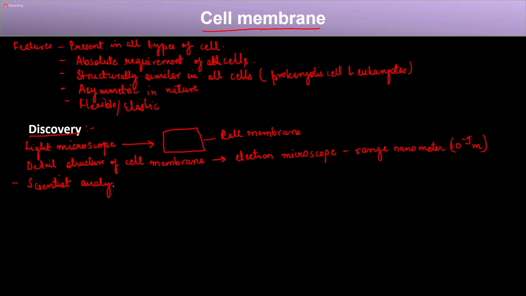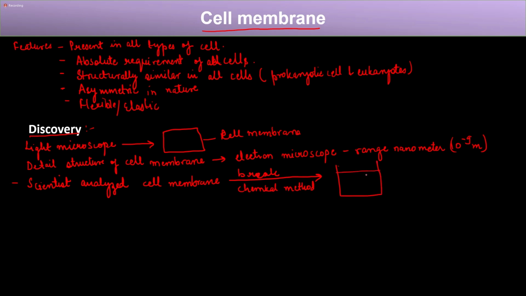The scientists analyzed it by using a method called the chemical method. They analyzed the cell membrane by breaking it using the chemical method.